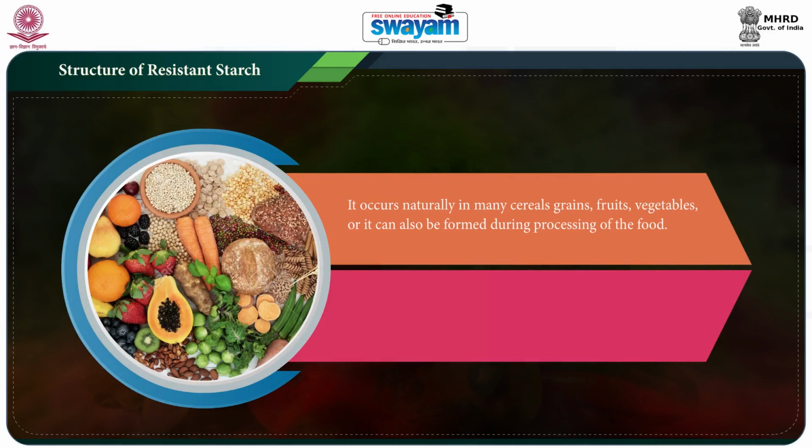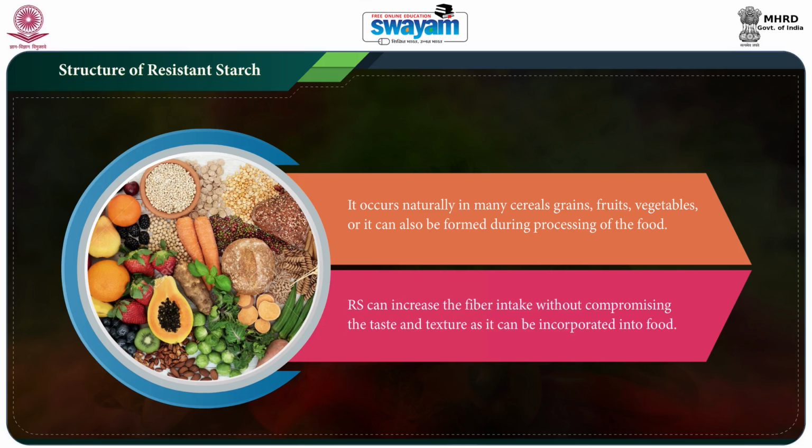It occurs naturally in many cereal grains, fruits, and vegetables, or it can also be formed during the processing of food. Resistant starch can increase fiber intake without compromising taste and texture, and it can be incorporated into the diet.